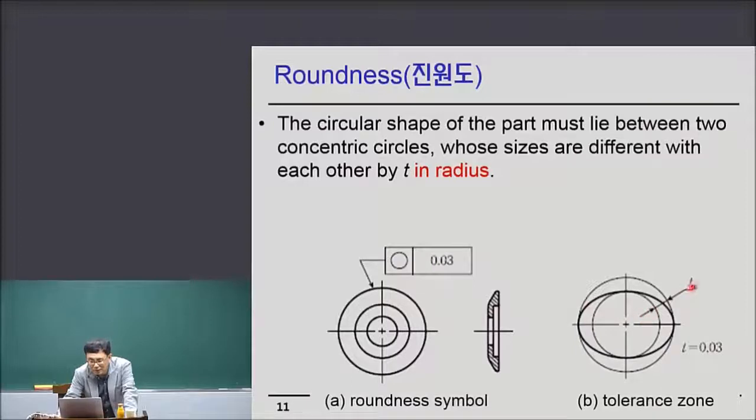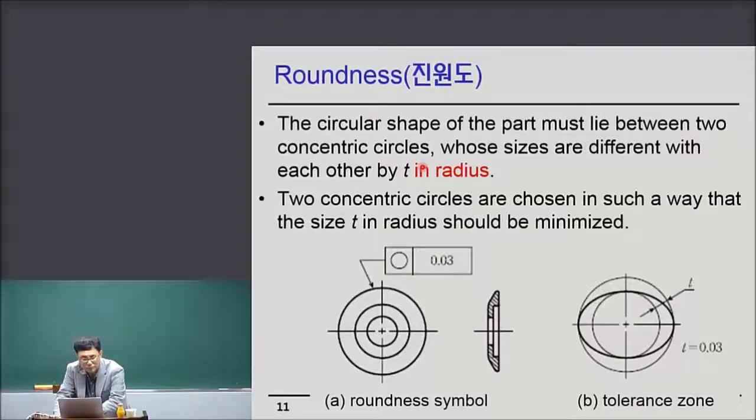Right? These are two concentric circles, and t in radius. If this circular shape lies inside the area between the two concentric circles, then the geometric tolerance of roundness of 0.02 is satisfied. Okay, right?